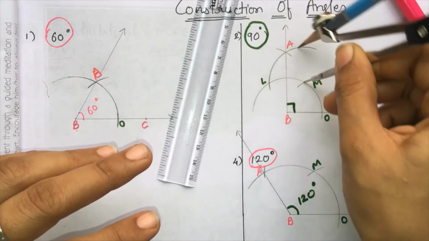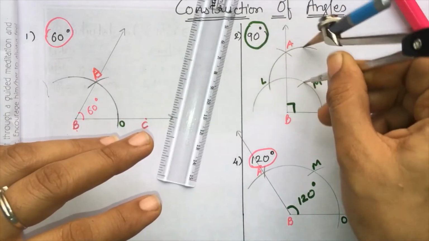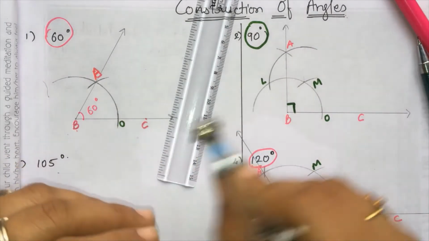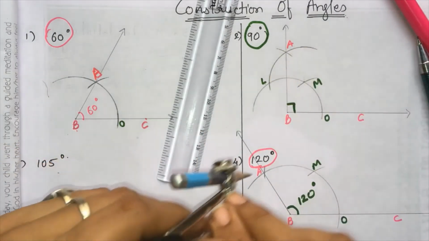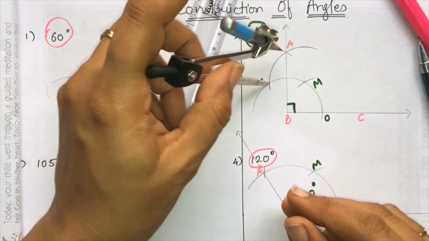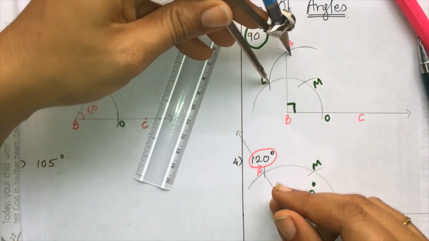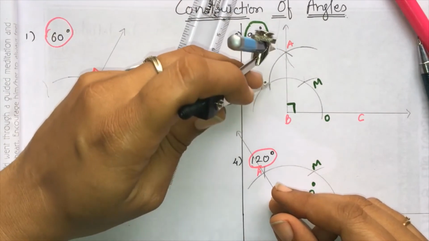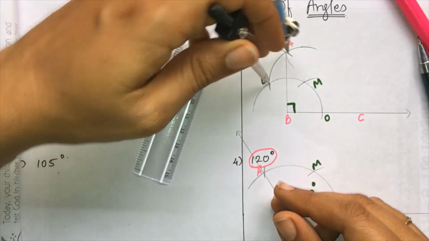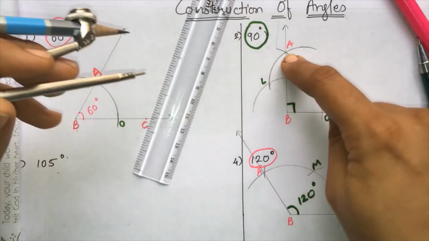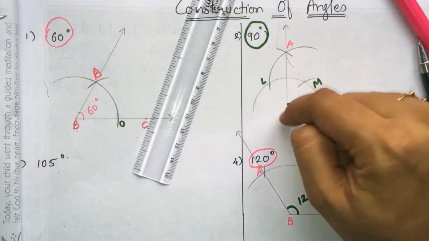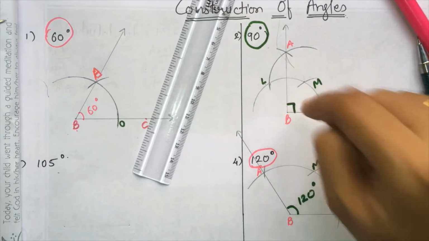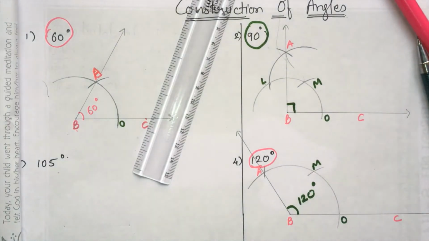So this third arc you should make a bigger one, and this point of intersection you will name as L. And now the last step is from L you will draw an arc like this which will cut the previous one and you will name it as A. So this angle ABC will be the desired angle, that is of 90 degree.